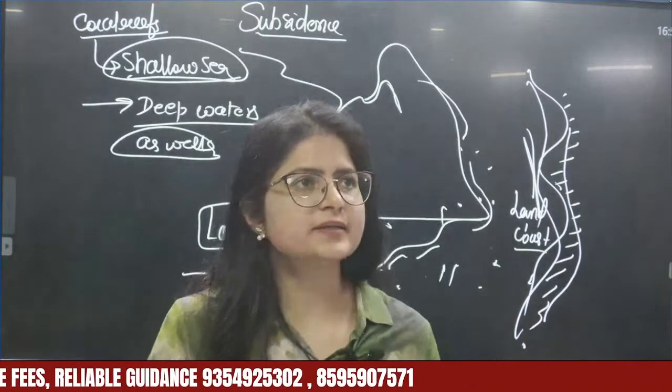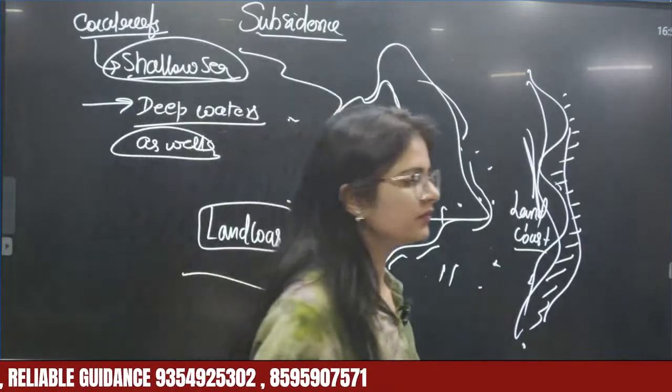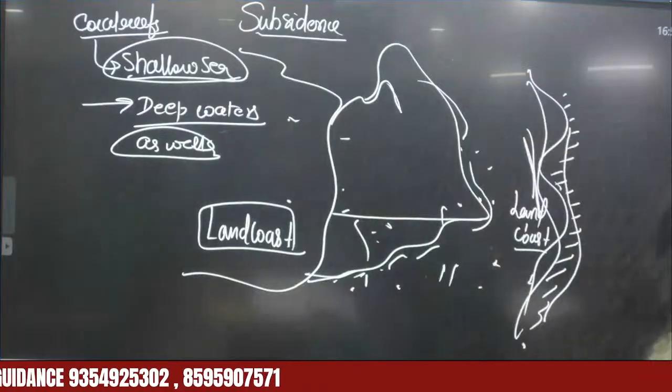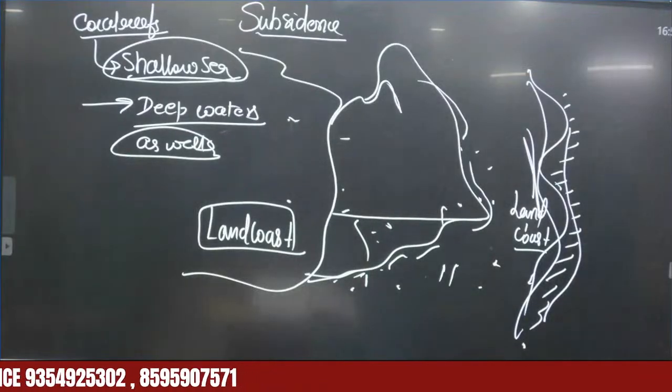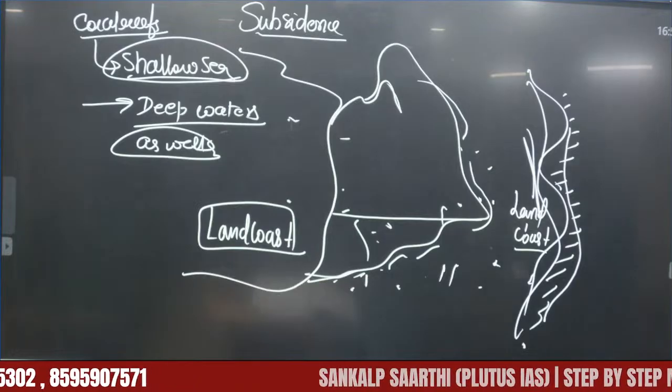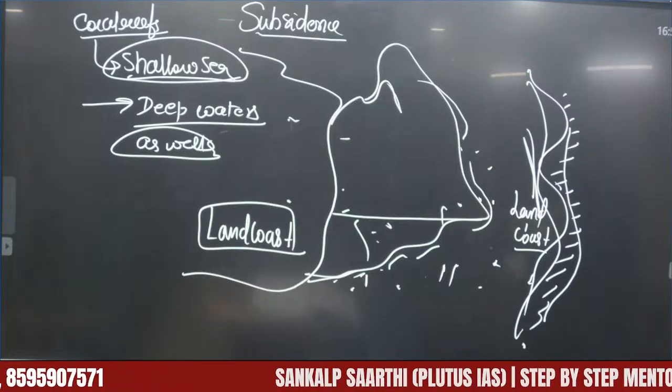Darwin postulated his subsidence theory in 1837, and later in 1842.